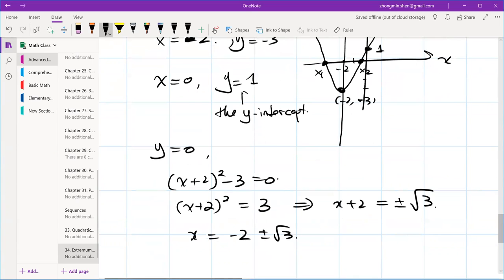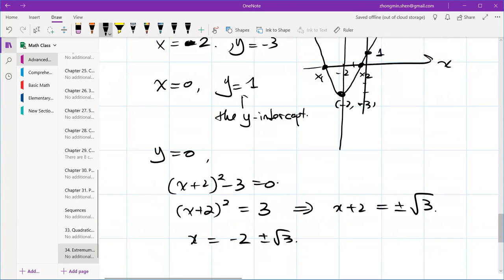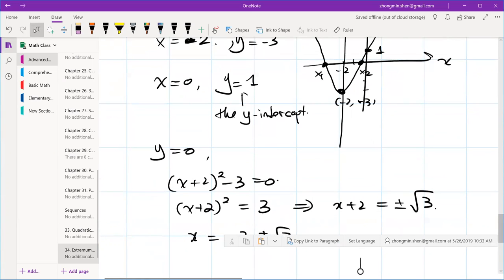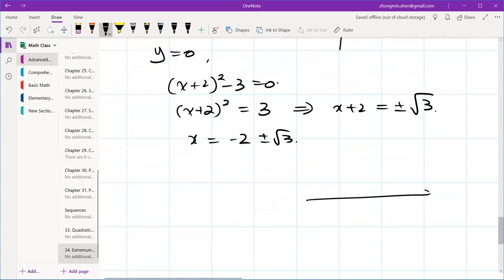So let's understand the picture. Let's go back to here. So this is -2.